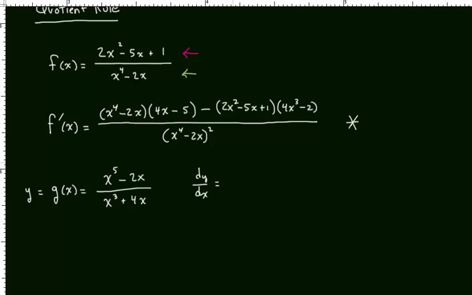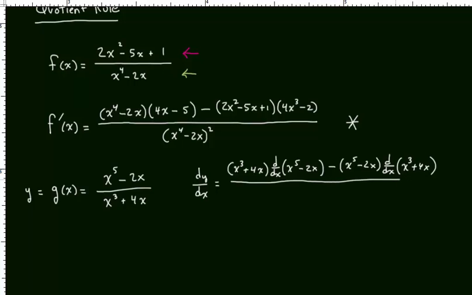So we would have bottom times the derivative of the top, expressed as follows, minus top times the derivative of the bottom, all over the bottom squared.